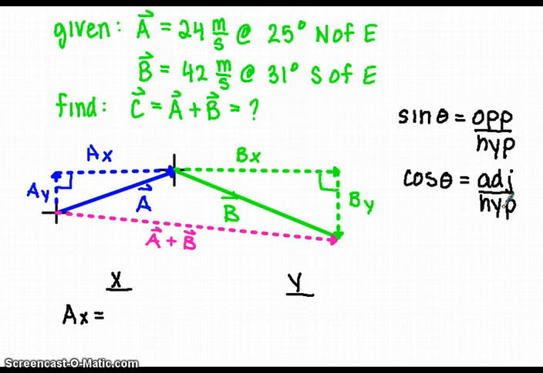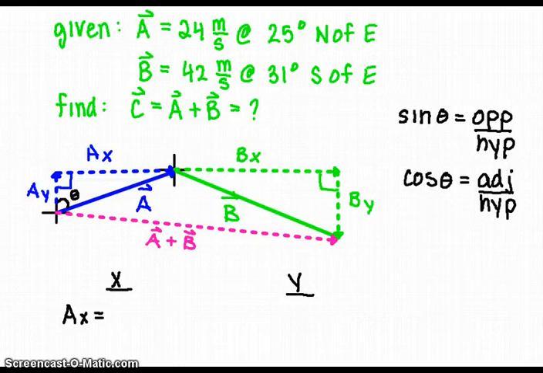So when we look at the angle that we know here, we have this angle indirectly. From the x-axis, we have 25 degrees. So this angle right here is not 25 degrees, but rather 90 minus 25 degrees, which is 65 degrees.